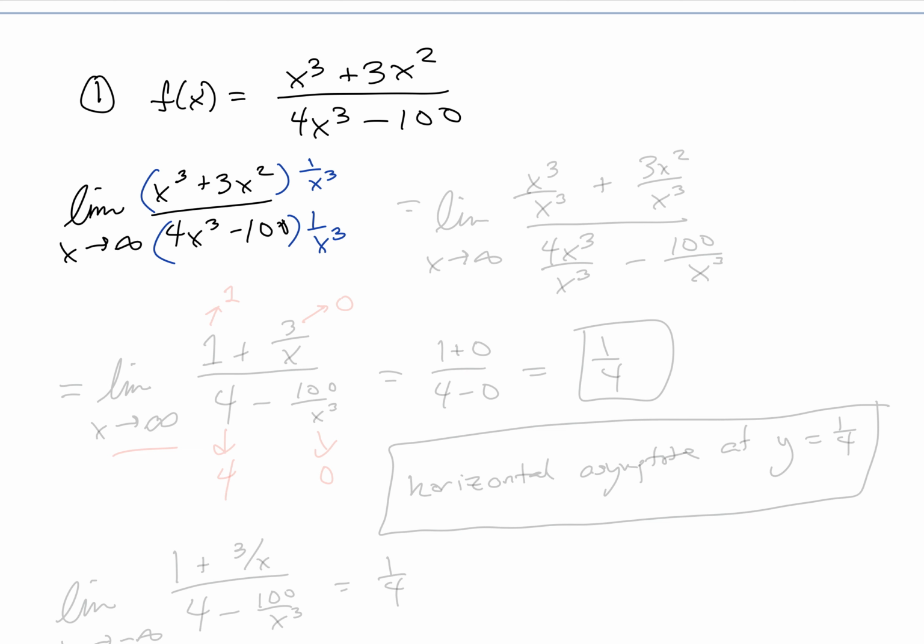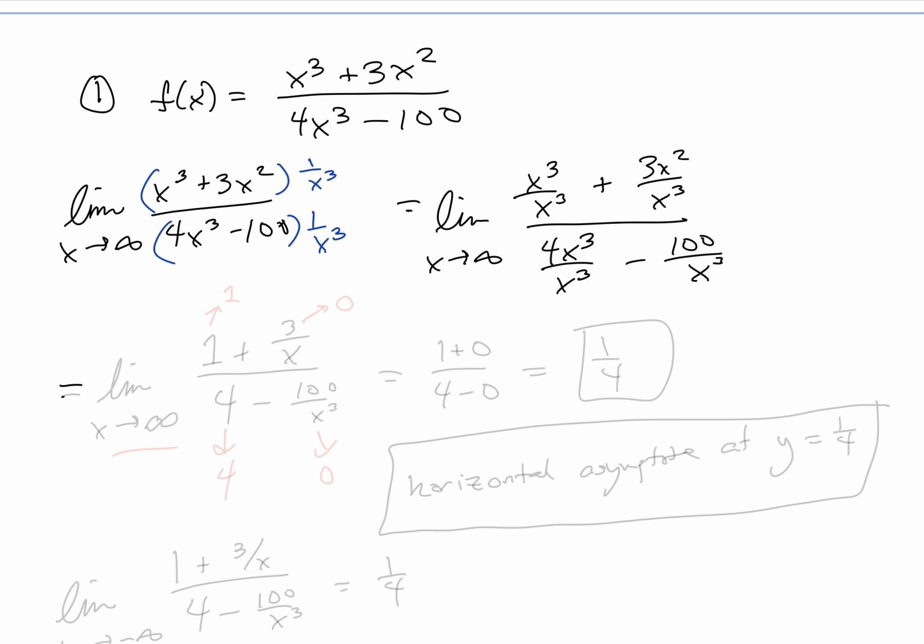So that's going to give us a limit as x goes towards infinity of x cubed over x cubed, distributing the 1 over x cubed through, plus 3x squared over x cubed divided by 4x cubed over x cubed minus 100 over x cubed.